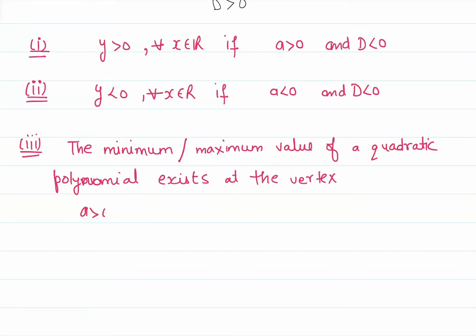When a is greater than 0, it means a concave upward parabola, and a minimum value exists.